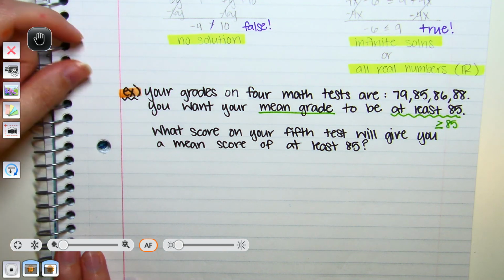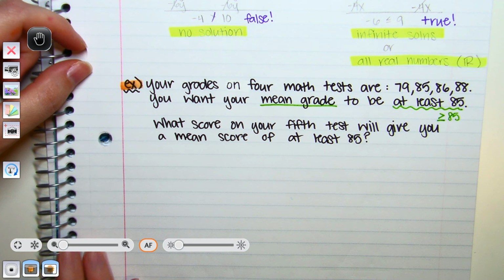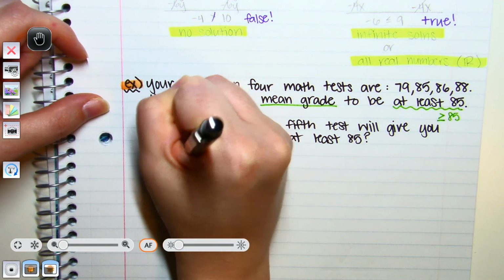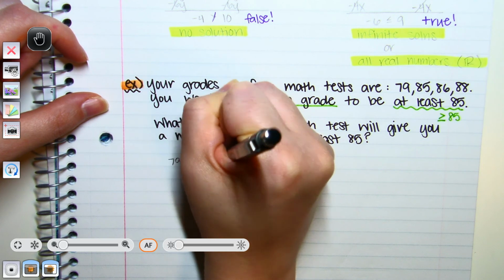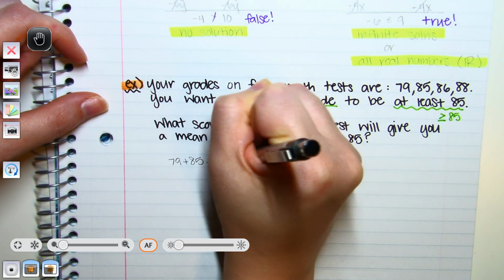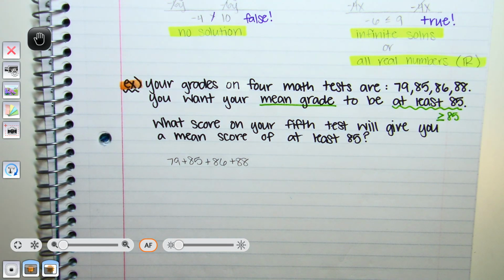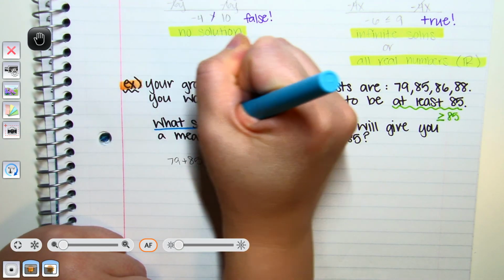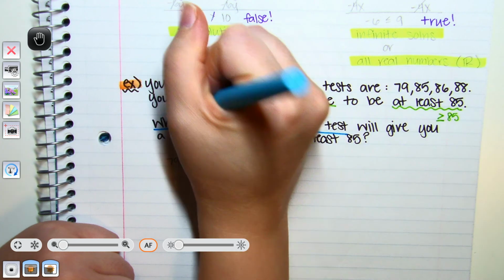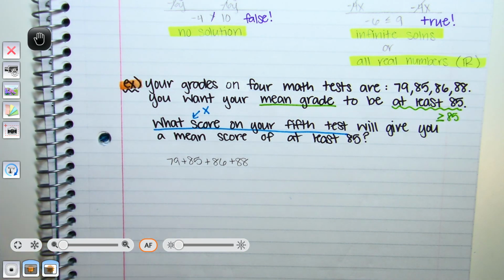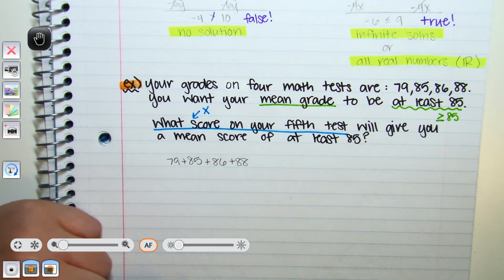All right, so let's go ahead and set up our equation. When we do the mean, this is adding up all of my scores. So 79 plus 85 plus 86 plus 88. But remember, we have this mystery score. What score on your 5th test? I'm going to call this X because we don't know what it is.